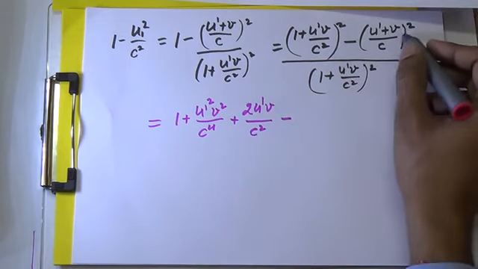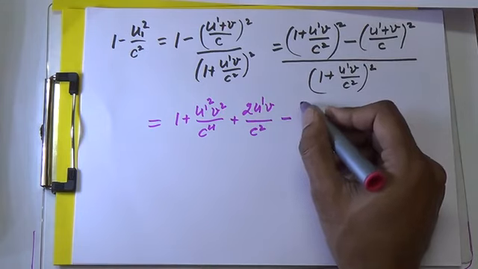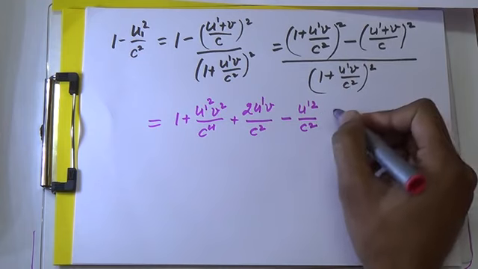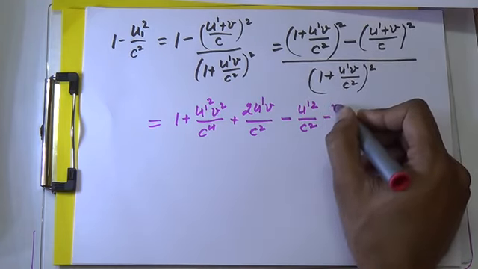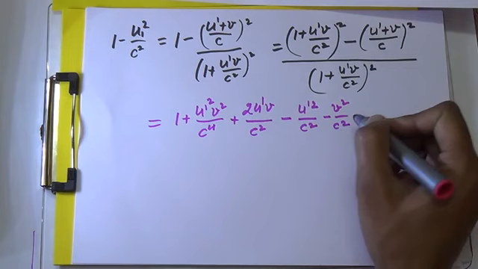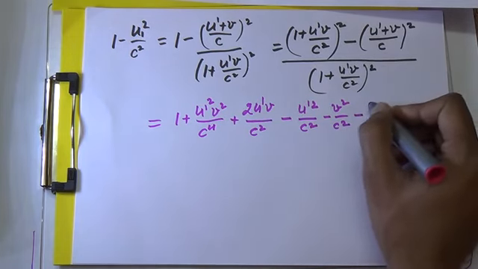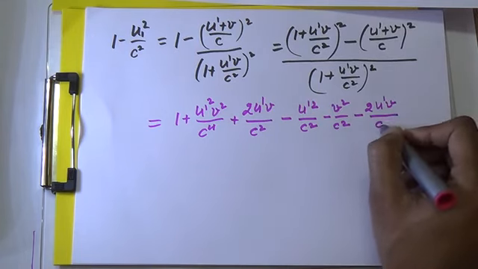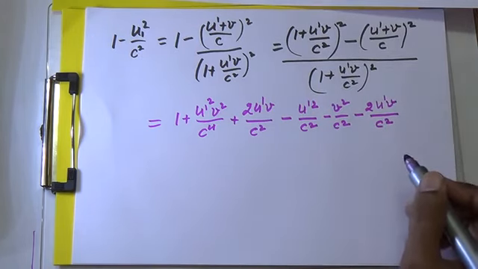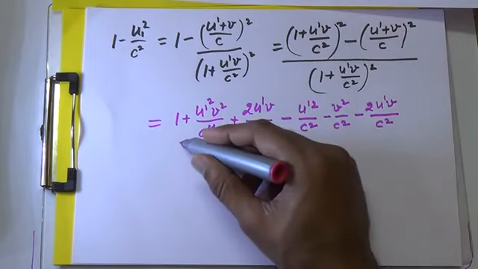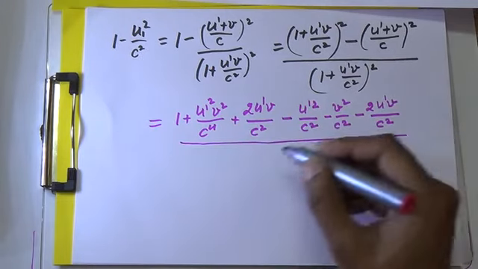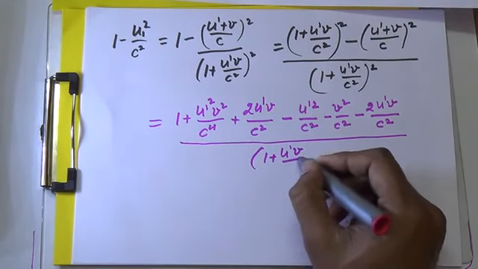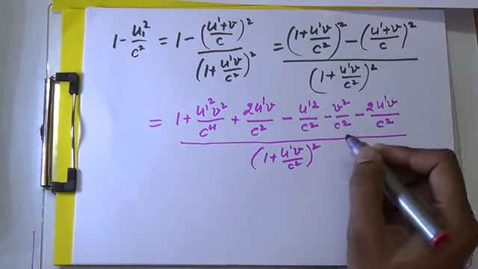Now open this square, that will be minus u prime square upon c square minus v square upon c square minus 2 u prime v upon c square, and divided by this factor, that is 1 plus u prime v upon c square whole square.